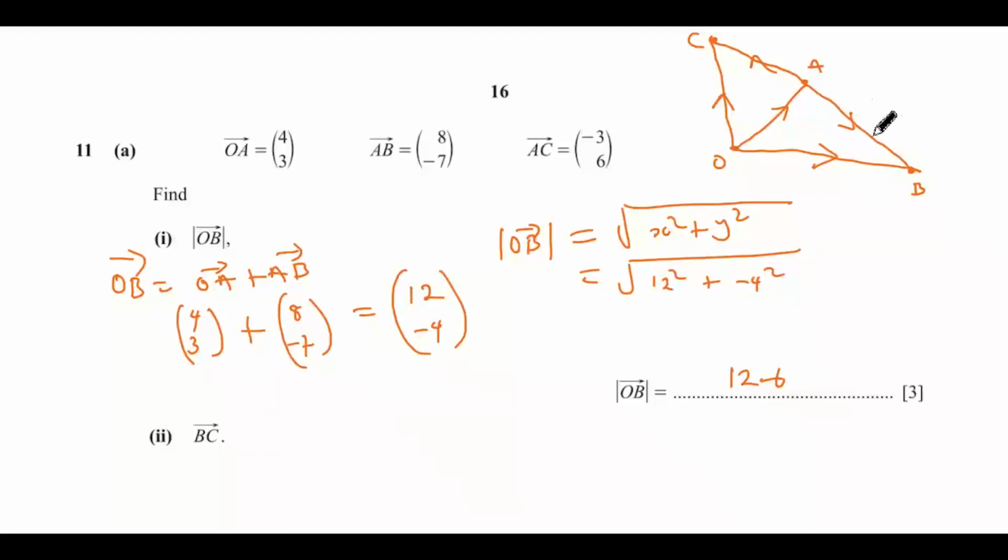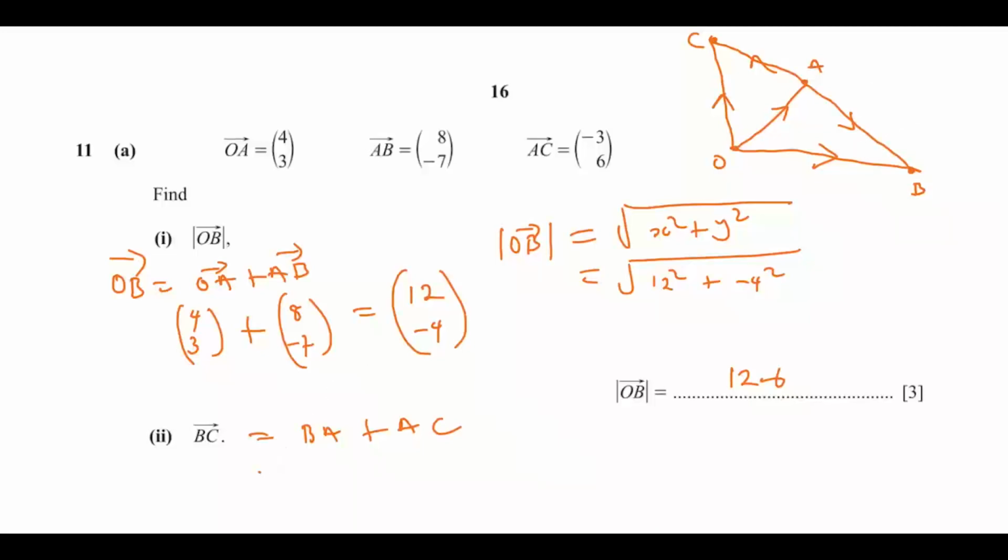Roman figure 2, find BC. Look at this. BC is along this straight line, so we can say BC is equal to BA plus AC. But look at the direction of vector AB, it is coming downward.